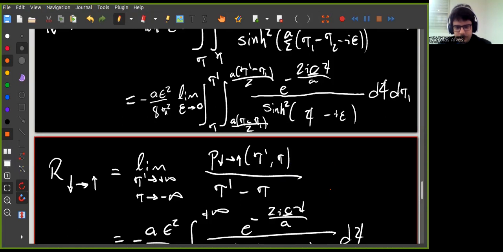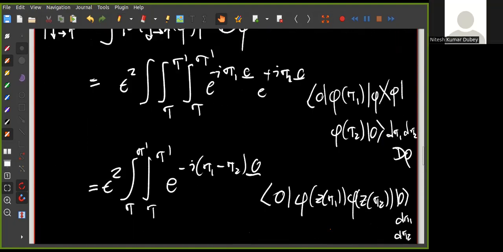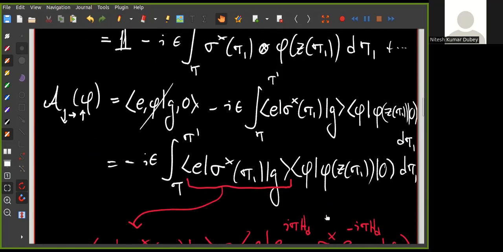Any other questions? I have one question, maybe naive. So here we are considering a point-like detector, right? And you said initially that at a point our field is not well defined.